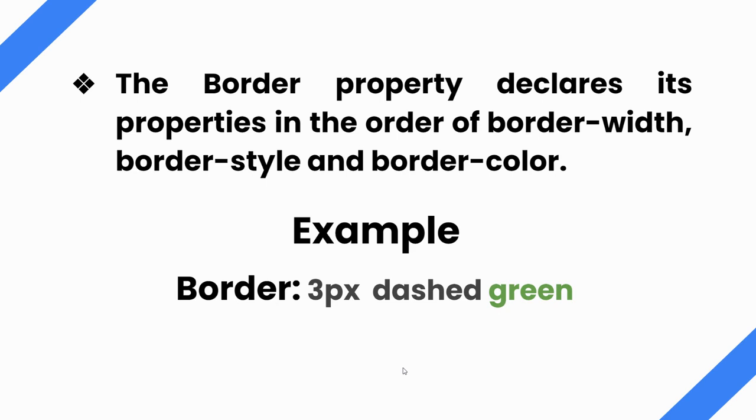Then the dashed here connotes the border style we are using. That's the style of border you would want to display. And lastly, we can see the green color. So this connotes the border color. So this is how the border would actually appear, in this order, starting with the border width, the border style, and then the border color.